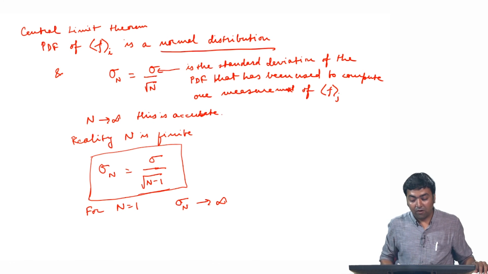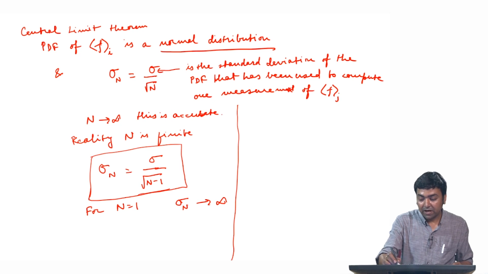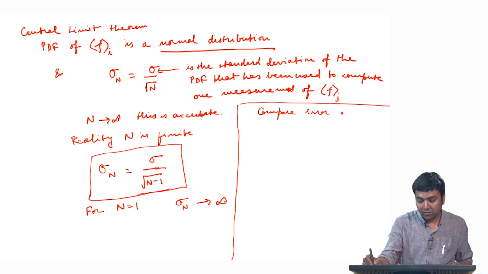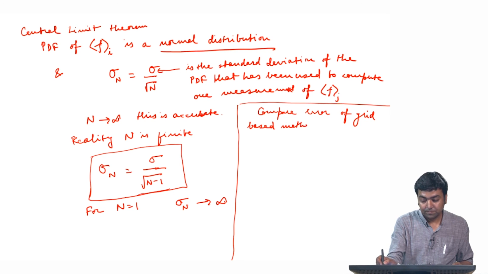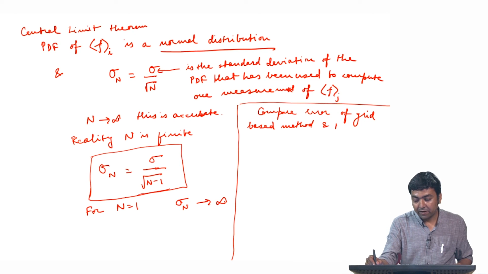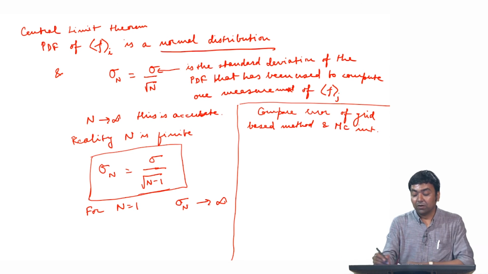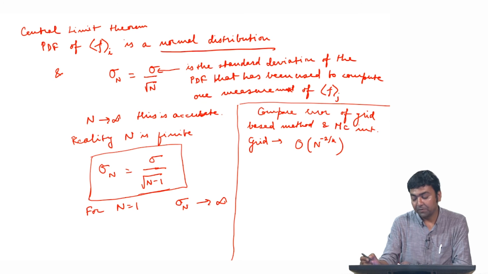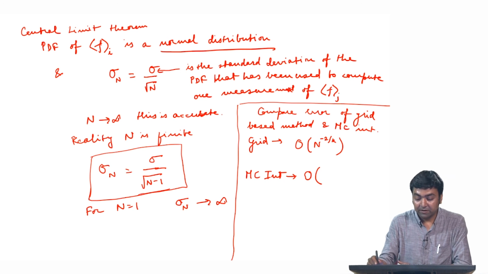Now, if we compare the scaling of the error of grid based methods and MC integration: to remind you, for the grid based method the error scales as order n to the power minus 2 by k, while for Monte Carlo integration the error scales as n to the power minus half.